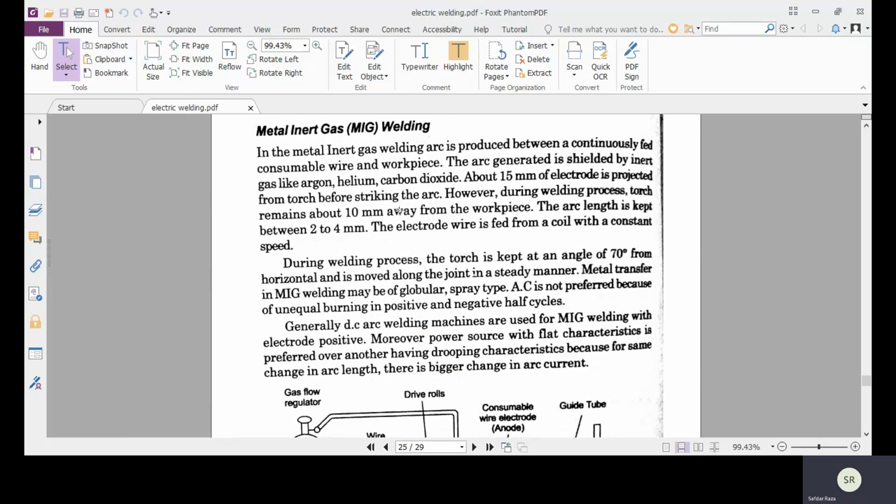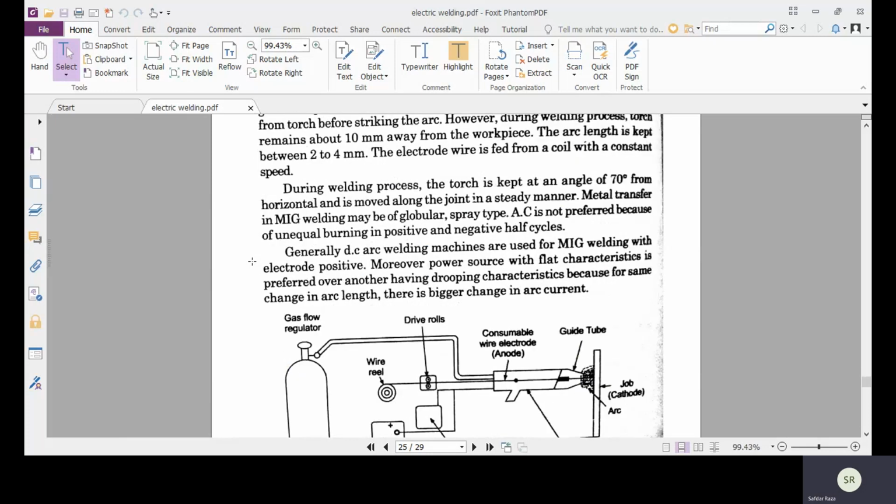However, during the welding process, the torch remains about 10 mm away from the workpiece. The arc length is kept between 2 to 4 mm. The electrode wire is fed from the coil at a constant speed. During welding, the torch is kept at an angle of 70 degrees from the horizontal and is moved along the joint in a steady manner.